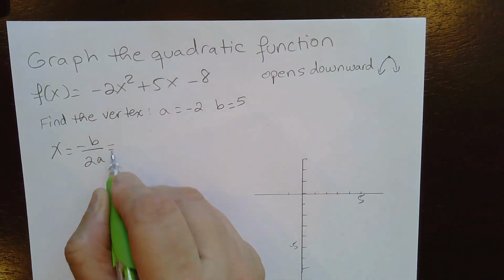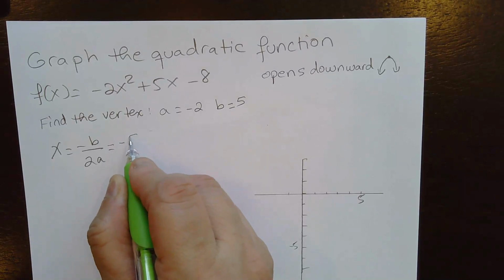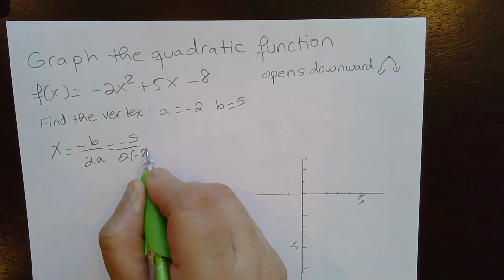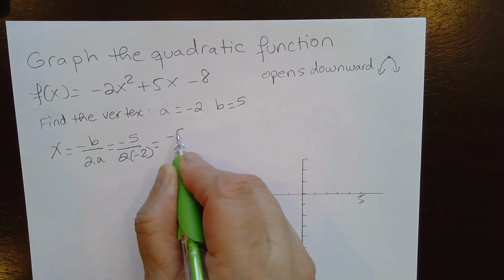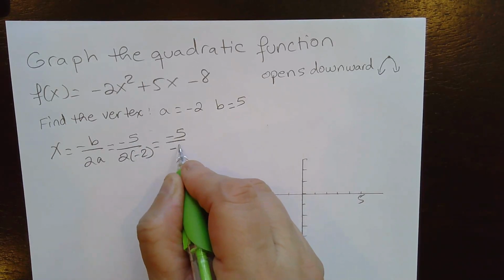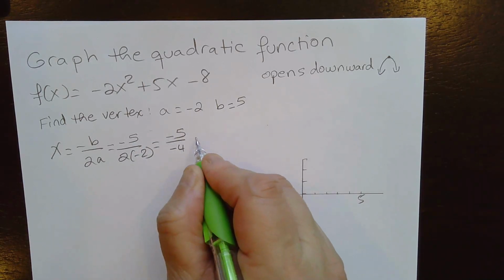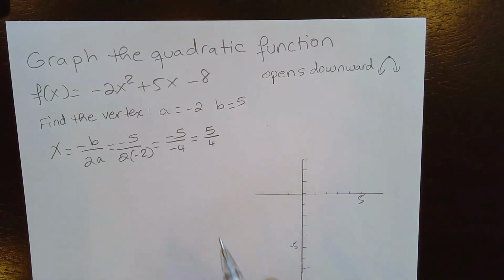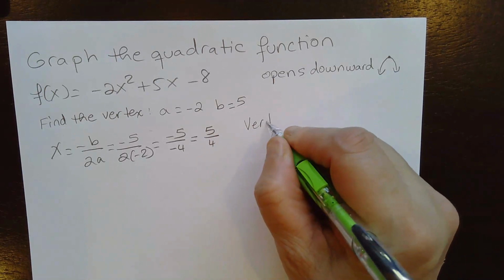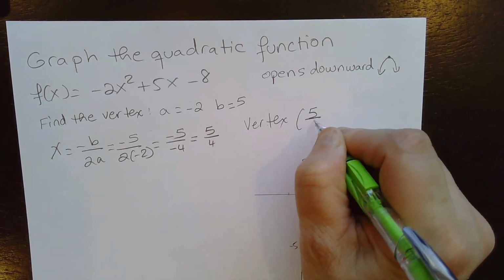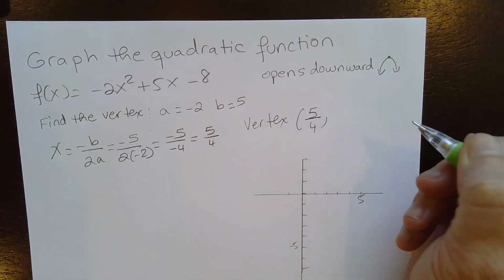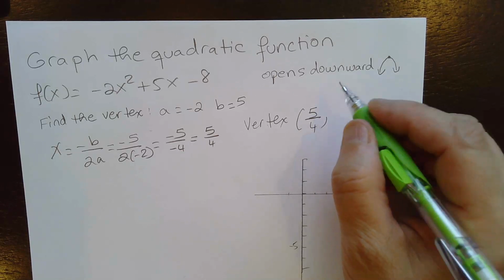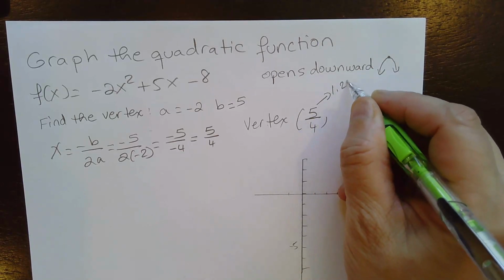So negative b over 2a is negative 5 over 2 times negative 2. 2 times negative 2 is negative 4. Negative divided by negative is positive, so that's 5 over 4. So the x-coordinate of the vertex is 5 over 4. Yes, it's a fraction, but this is the same as 1 and 1/4, or 1.25.